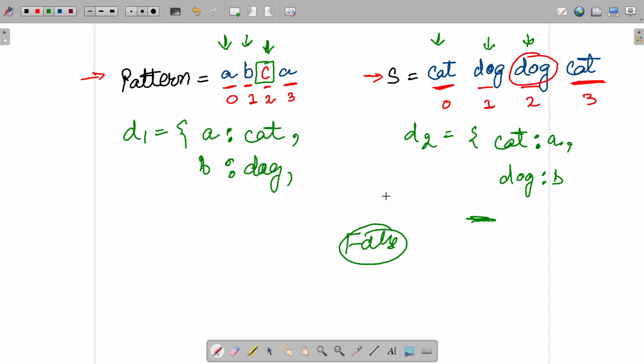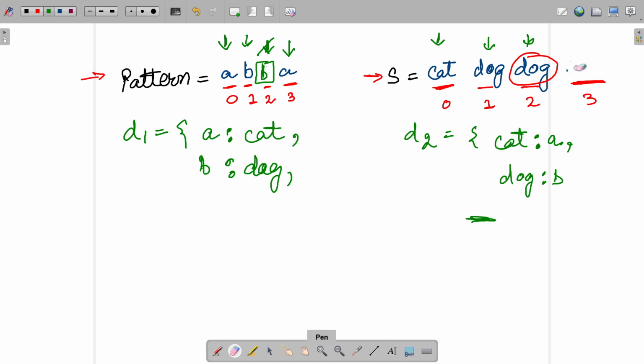And there may be a case like this. Let me remove this so that you can understand all aspects of the problem. Let's suppose there is B, and B is mapped with dog, and similarly dog is mapped with B. It means it is the same. Now let's move here and change this.